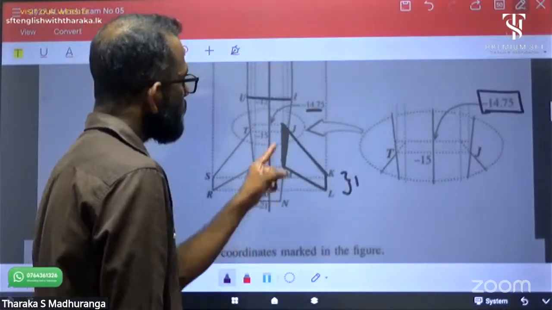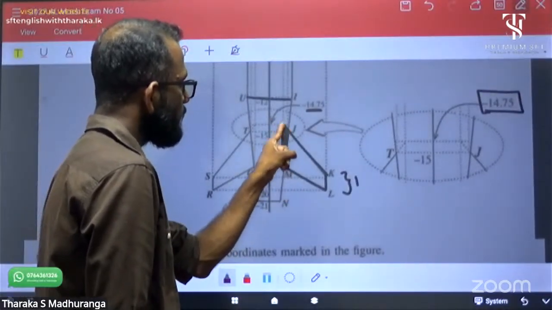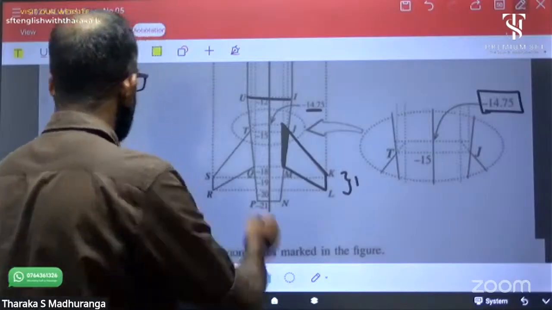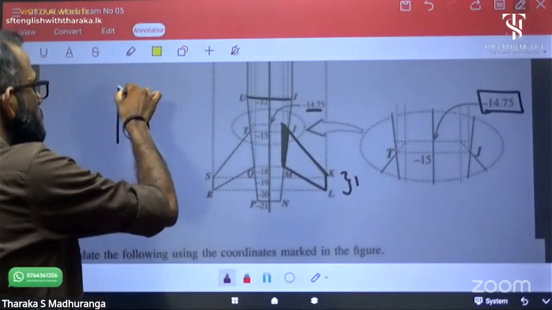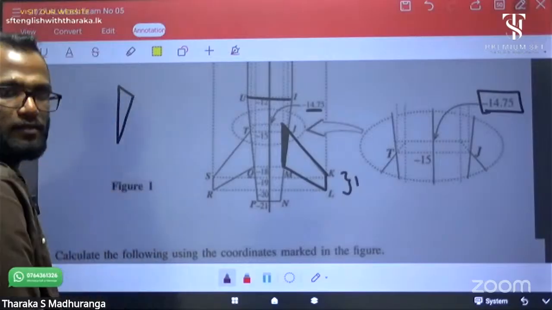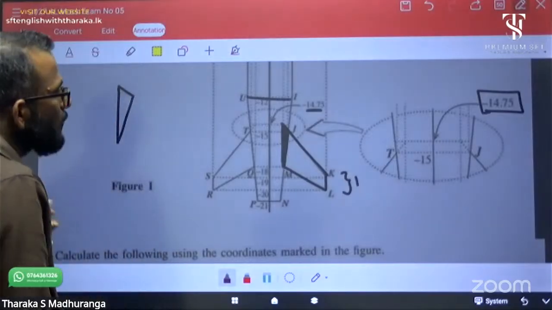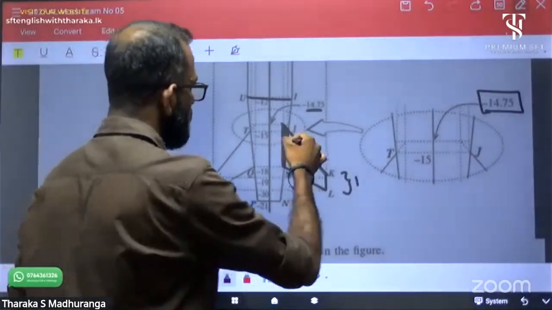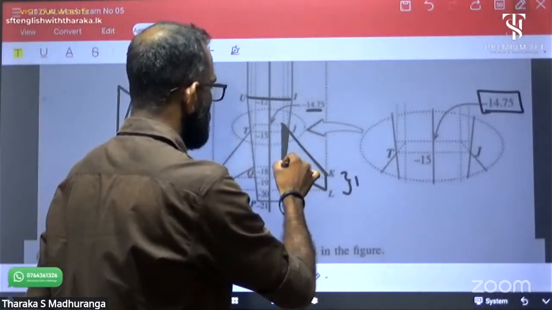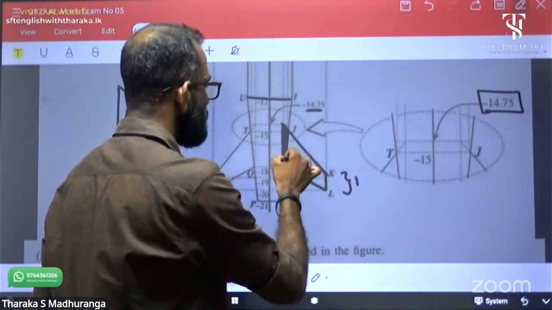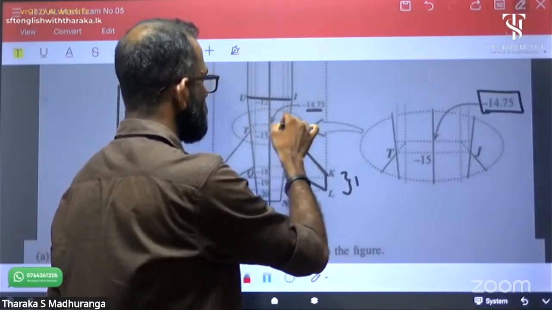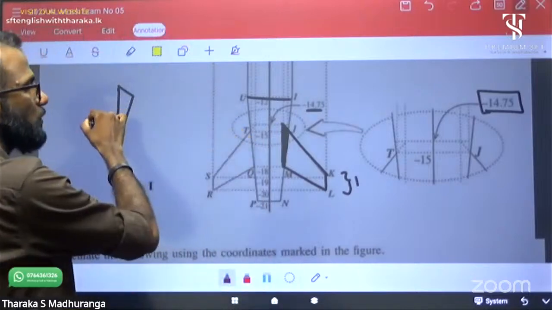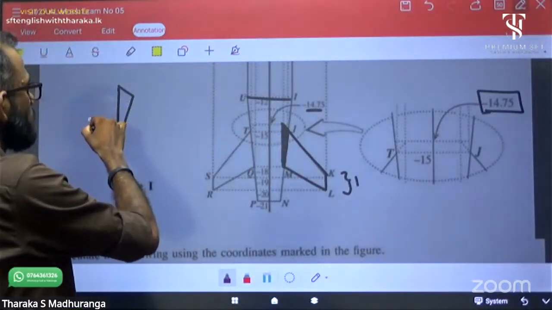Okay, how to calculate this? It's a triangle like this. How about the length? The base is 18 to 14.75, which is 3.25.